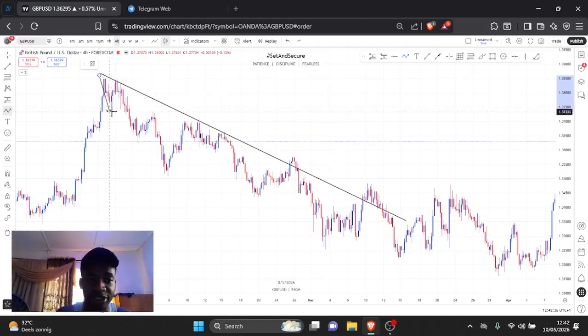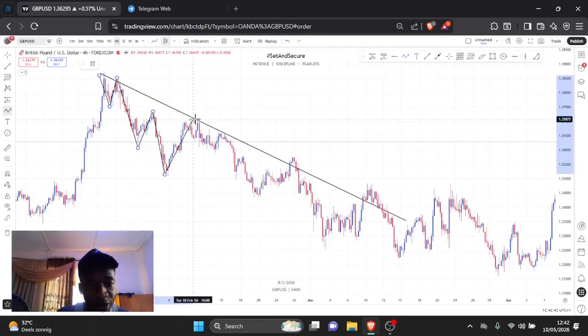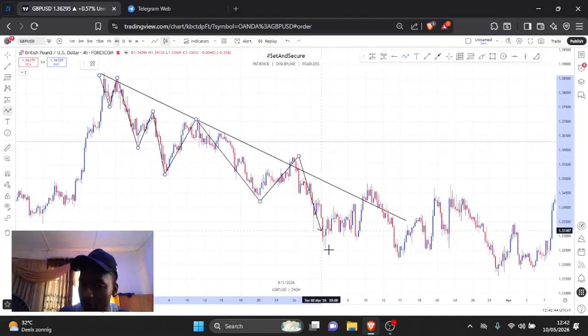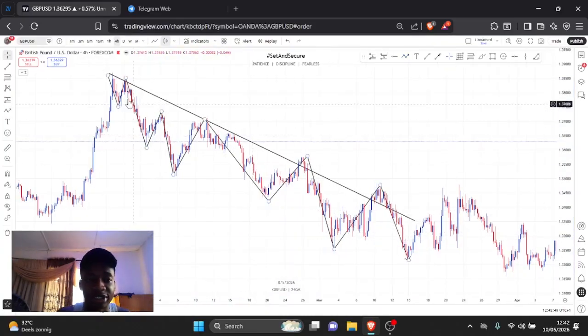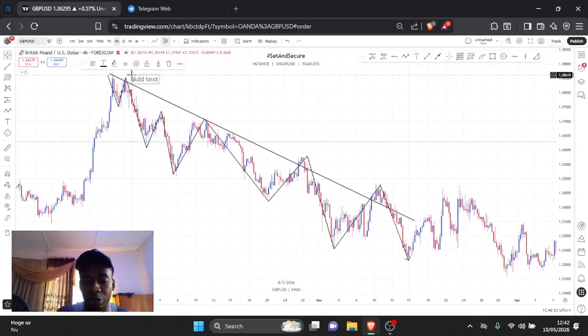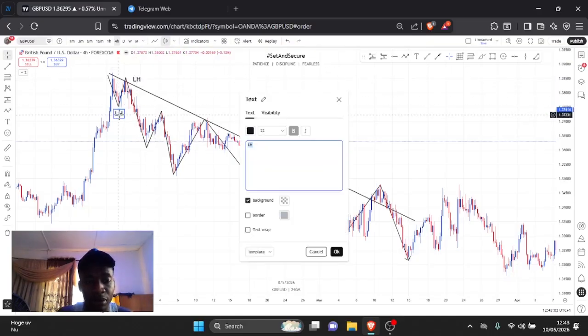This is a lower high, this is a lower low, a lower high, a lower low, a lower high, a lower low, a lower high. As you can see, this is a lower high, which is going to be LH. Lower low.